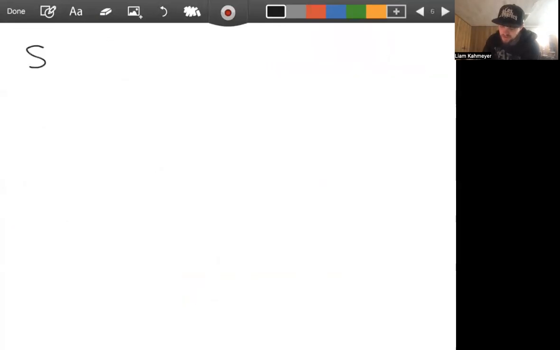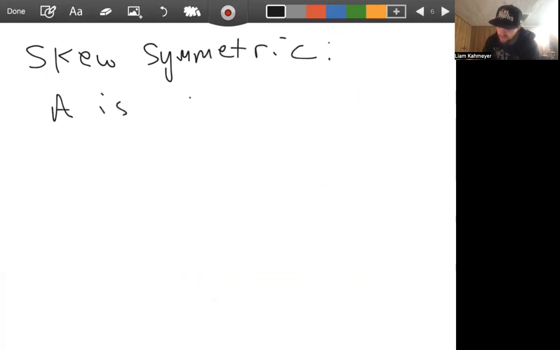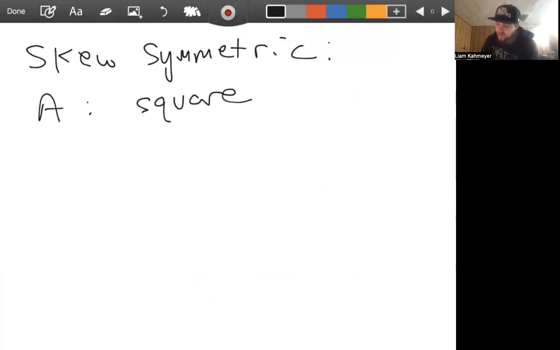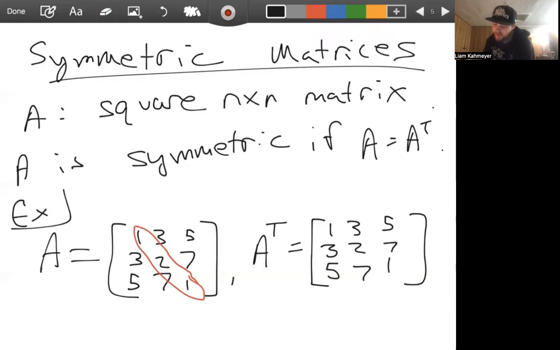We also have skew symmetric. Again, let me take the time to emphasize that A is a square matrix, right? Because we could never have this criteria for a non-square matrix.